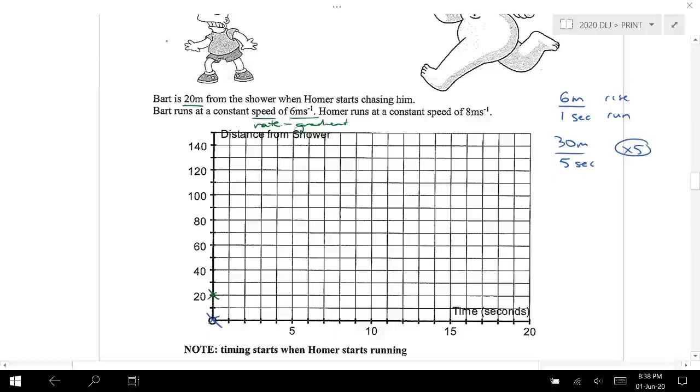So let's draw on Bart's points. We're going over 5, up 30. So plus 10, 20, 30. Get there. Got this mark here. Up 3, 2, 1, 2, 3 over 5.